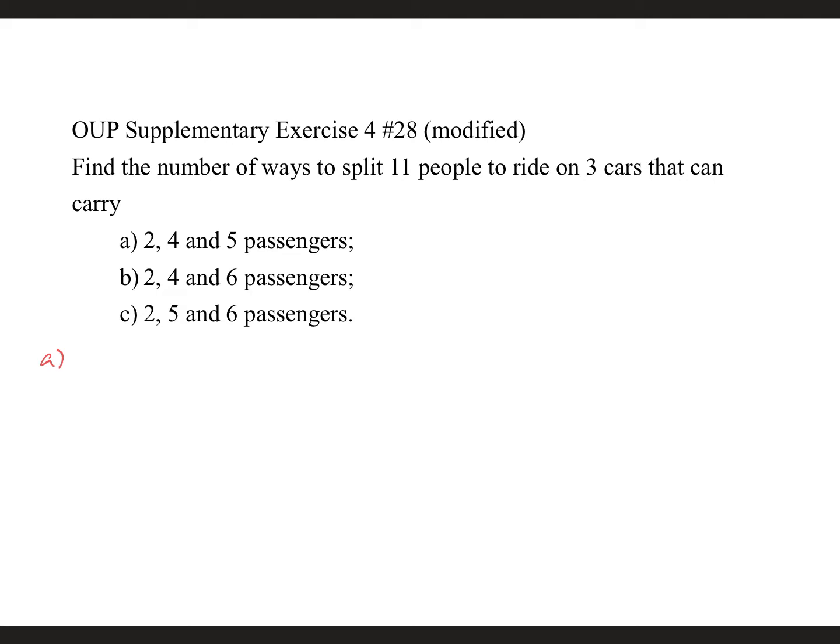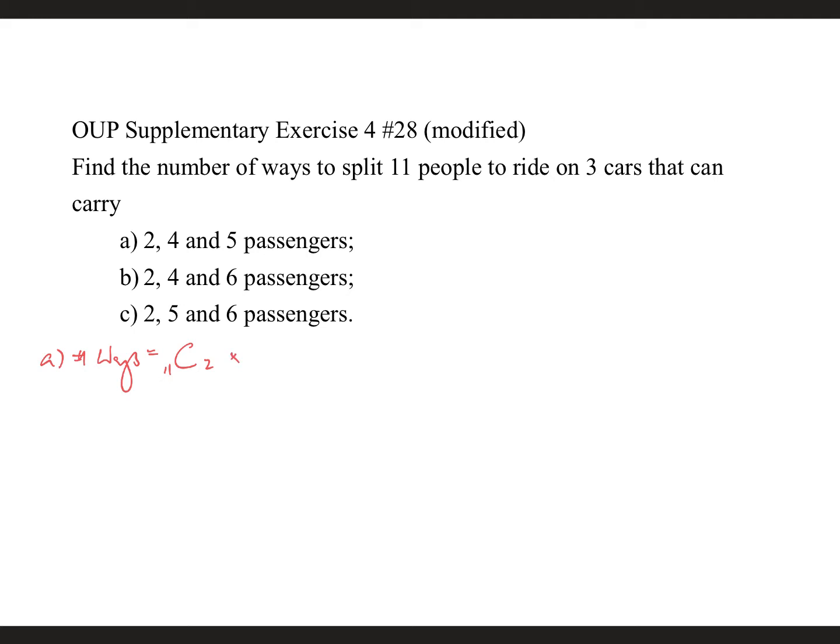Actually, note that this is a kind of combination problem. This is not permutation. Therefore, first of all, the number of ways: from the 11 people, we choose 2 of them to sit on the first car.